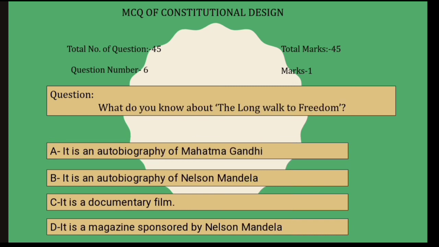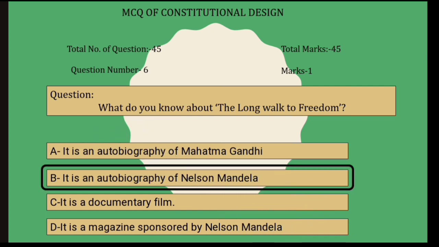Question 6. What do you know about the Long Walk to Freedom? Option A. It is an autobiography of Mahatma Gandhi. B. It is an autobiography of Nelson Mandela. C. It is a documentary film. D. It is a magazine sponsored by Nelson Mandela. Correct option is B. It is an autobiography of Nelson Mandela.